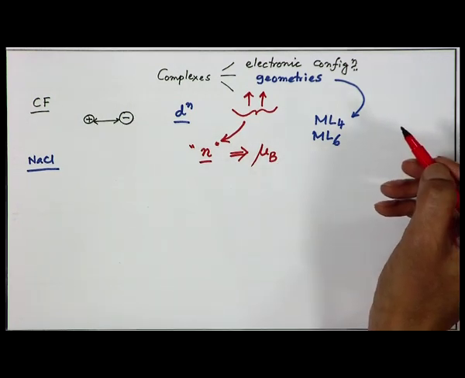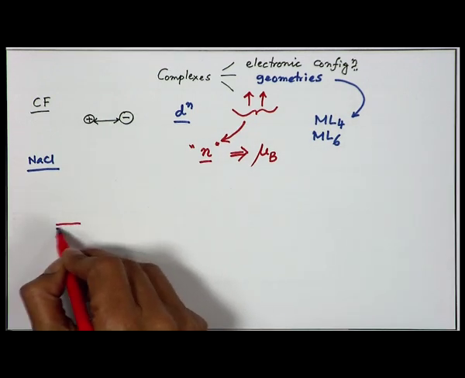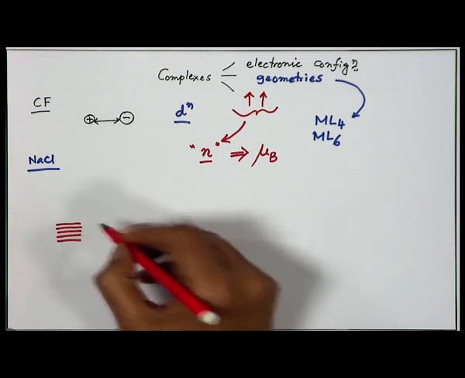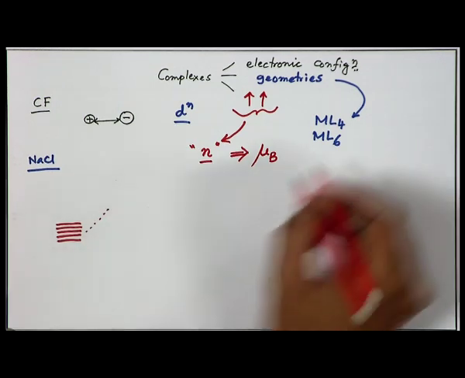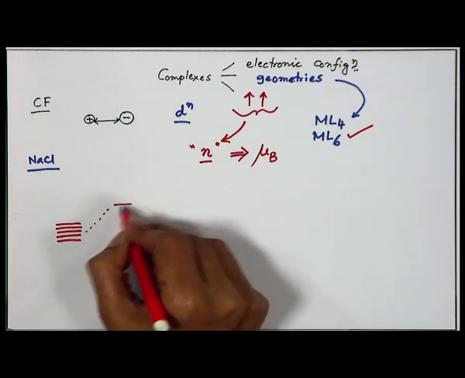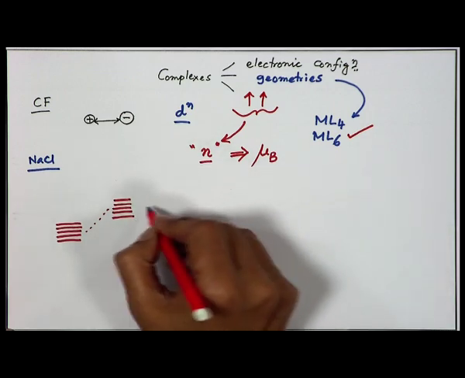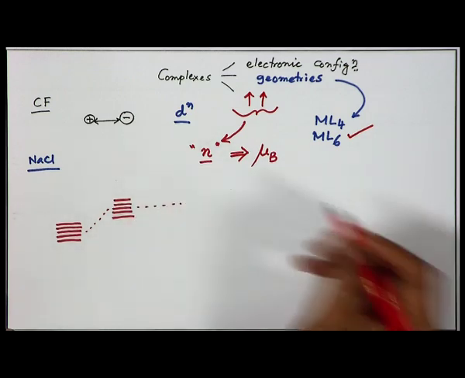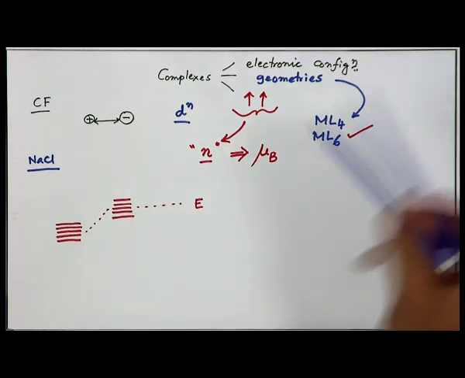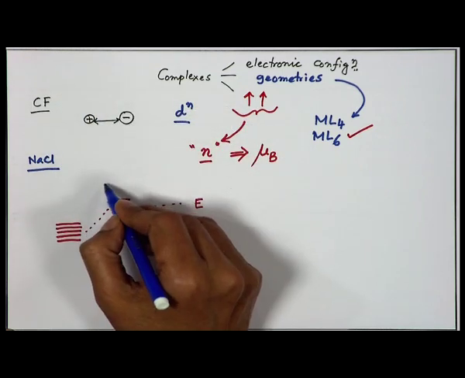So, what we see now is that we have 5 d levels or d orbitals, and we know that in the presence of, say, 6 ligands, their overall energy is elevated, and from this value, which we consider as E, which is before the splitting, we require something which we consider as the crystal field splitting.